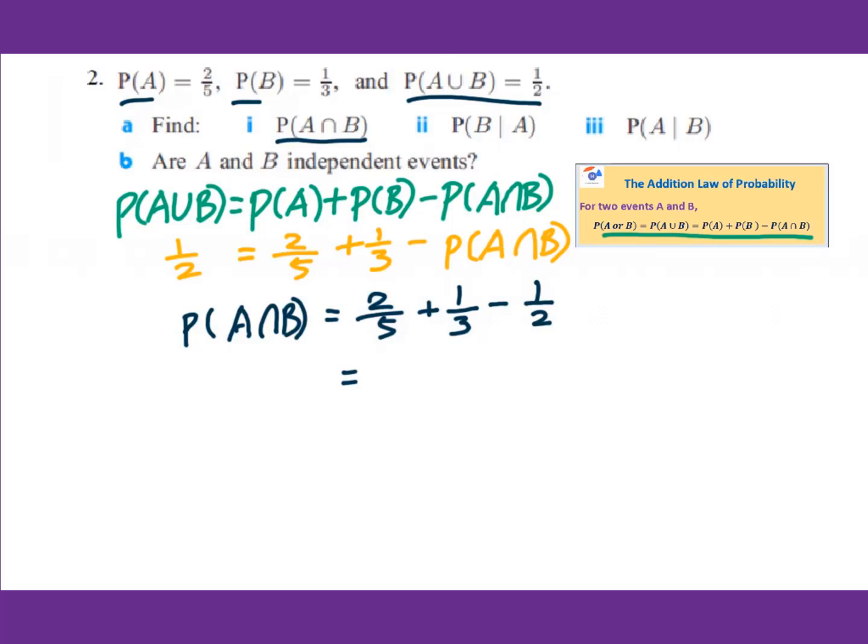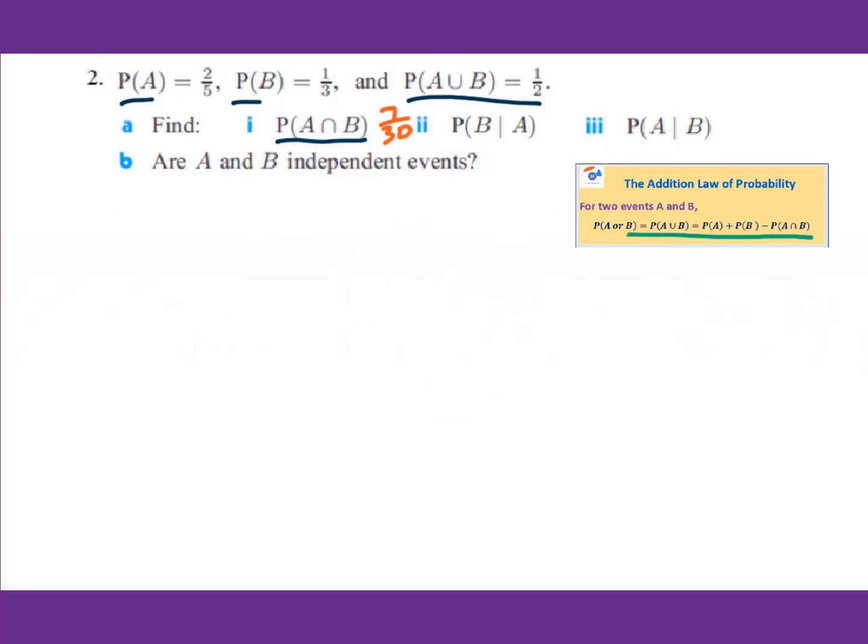The denominator will be 30. Then you have 12 plus 10 minus 15. That is 7 over 30. So we write here 7 over 30.